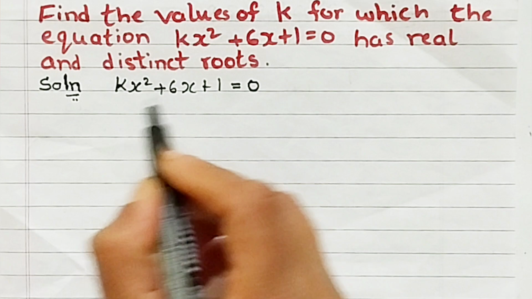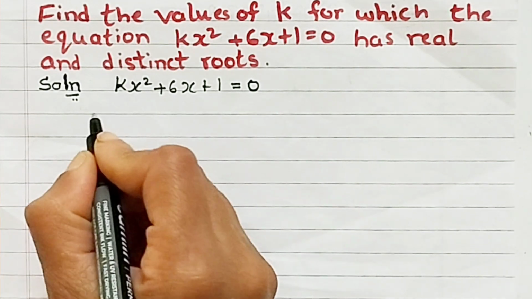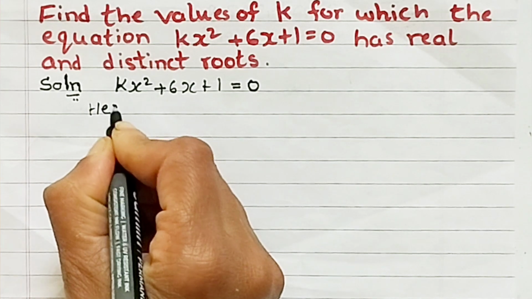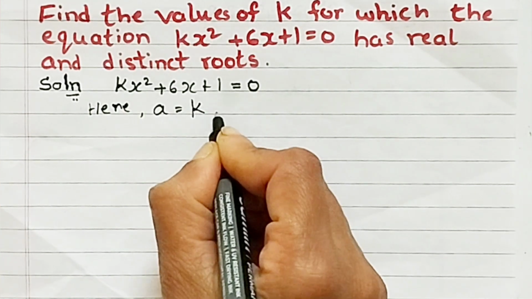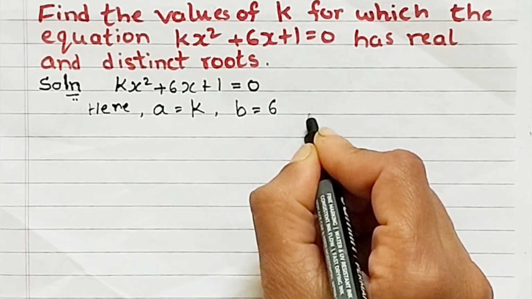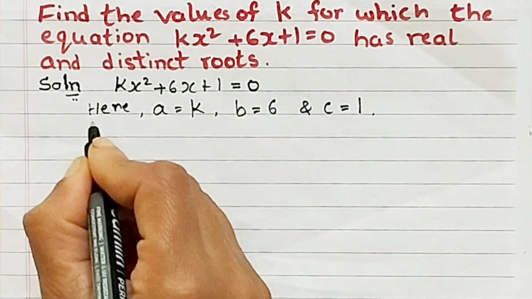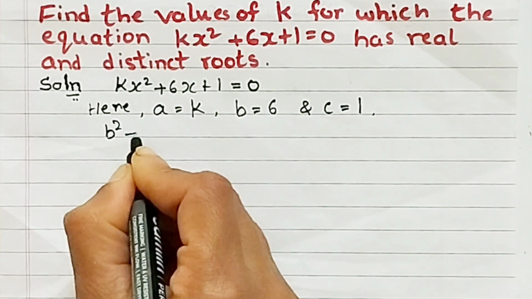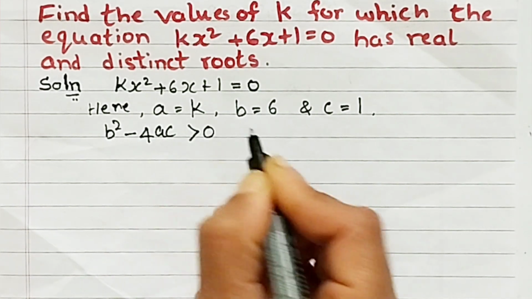Comparing the given equation with ax square plus bx plus c is equal to 0, here a is equal to k, b is equal to 6 and c is equal to 1. Discriminant b square minus 4ac greater than 0.